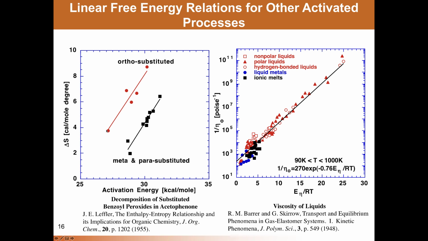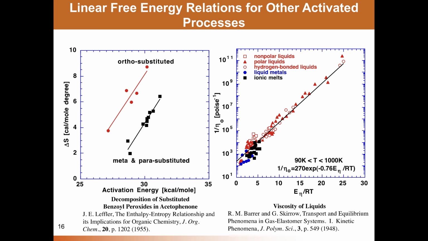And it's argued in the literature that this separation indicates that the mechanism for this chemical reaction is somewhat different in the ortho-substituted case than it is in the meta and para-substituted case, which one might easily imagine given the changes in steric hindrance and other factors that are associated with this change.